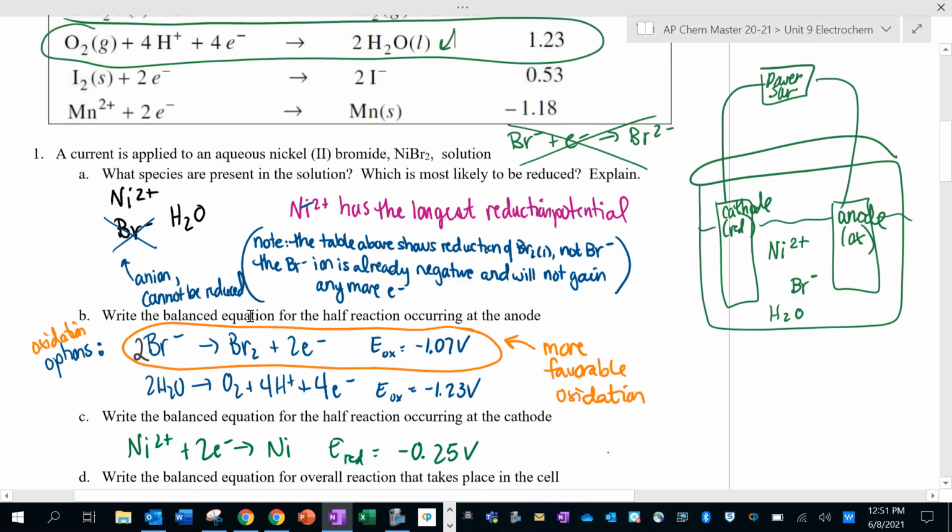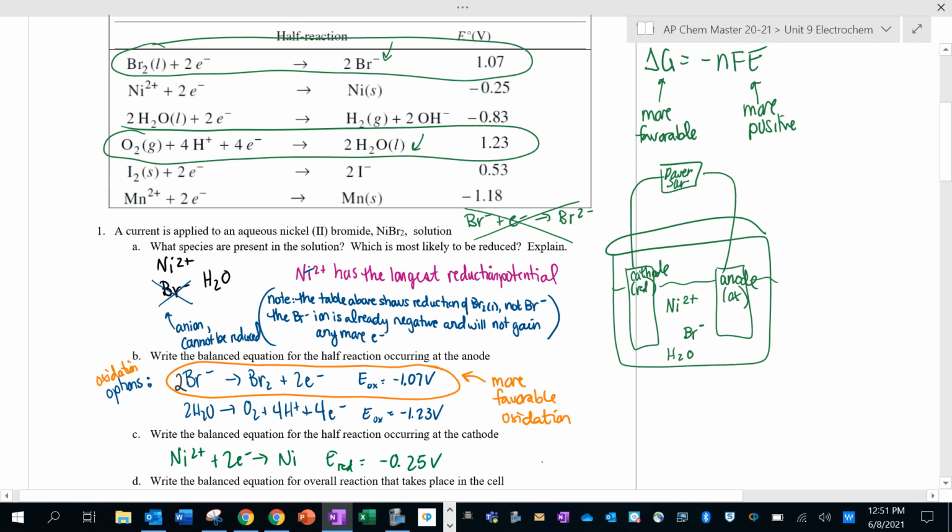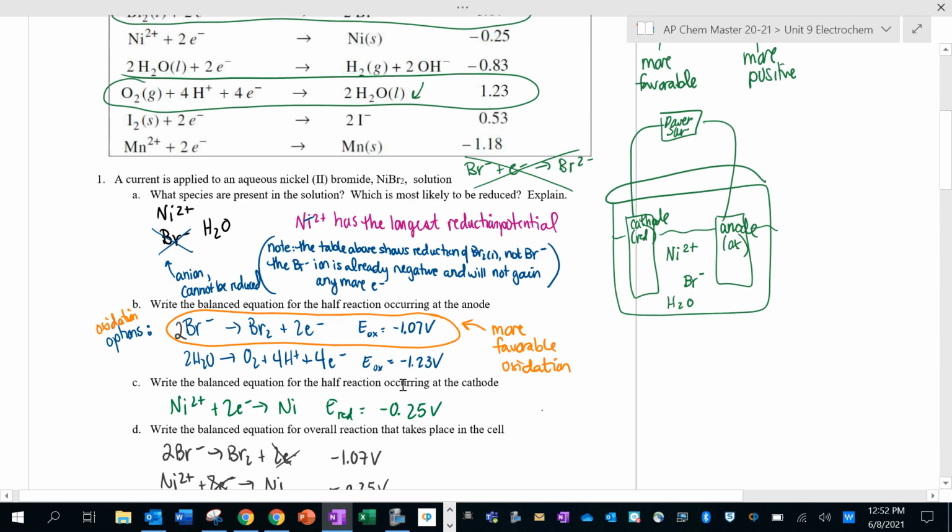I flipped both of these reactions around, and you can see where I got them from this sheet up here. When you flip it around, it changes the sign of the voltage. Whichever of these reactions has a larger voltage is going to be more favorable. After I flip them around, it looks like the bromide ions are the most favorable oxidation. So that's the reaction that's going to occur at the anode.